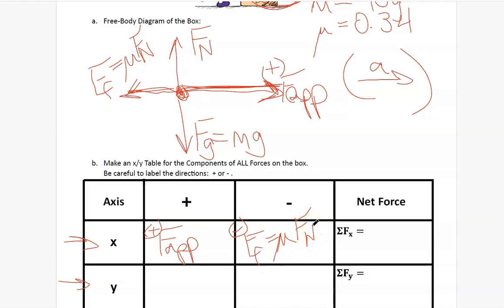Well, we have mu this time, so that's useful. And the sum of the forces, also known as the horizontal net force, is just adding those two up. We literally just add those up. Oh, it's the applied force in the positive direction plus the frictional force in the negative direction.